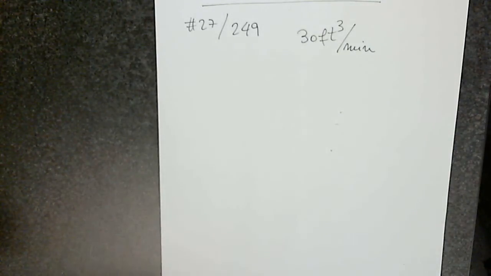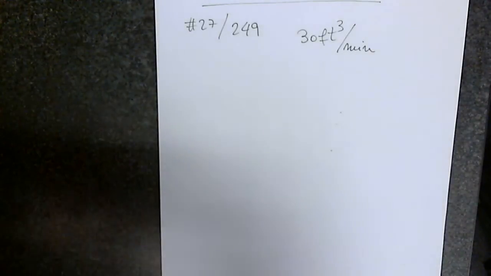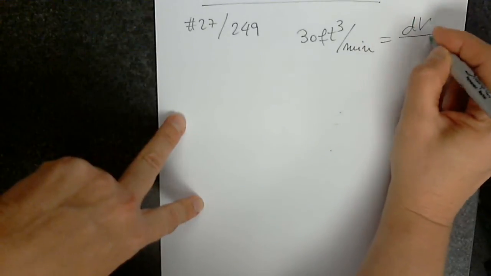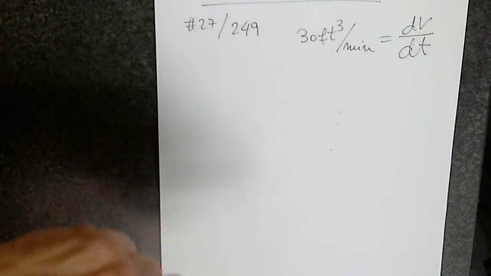No. Cubic feet per minute is just the measurement unit, it has nothing to do with 30. What does this mean exactly? It represents the rate of change of volume with respect to time. Very good. dV over dt.